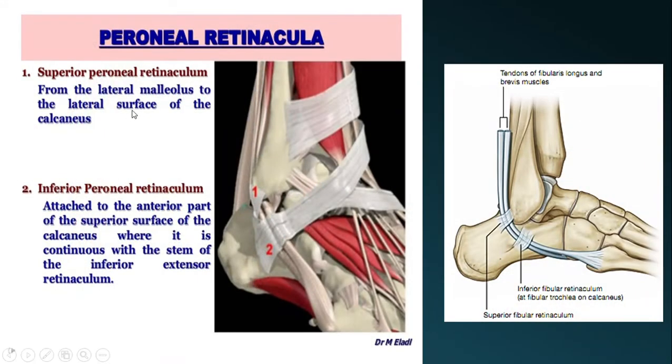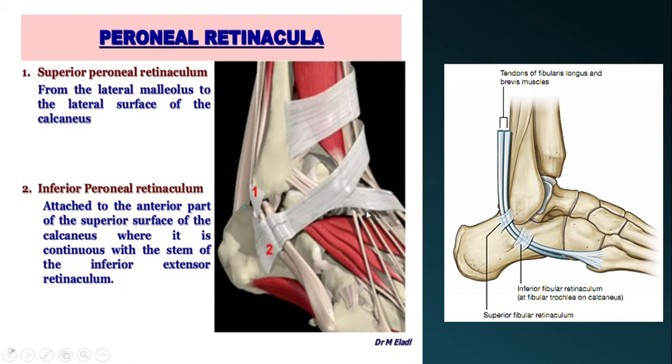Lateral compartment ends here near the lower end of fibula, and from here the two peroneal or fibular tendons are going to pass deep to two deep fascia thickenings. Here you can see the superior fibular retinaculum, which is attached from the posterior border of lateral malleolus to the lateral surface of calcaneum bone, and then there is another thickening of the fascia called inferior fibular retinaculum, which is attached from the anterior surface of calcaneum to the lower or distal part of lateral surface of calcaneum.